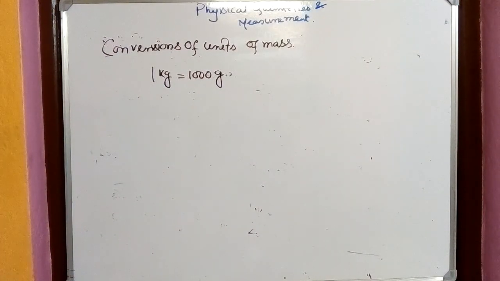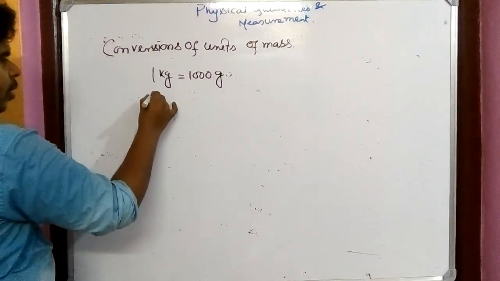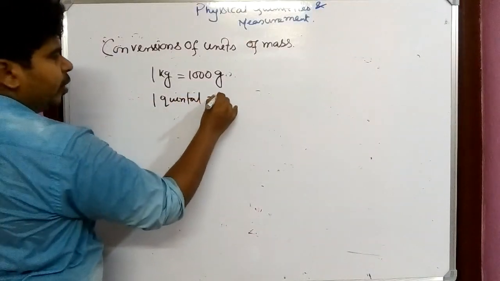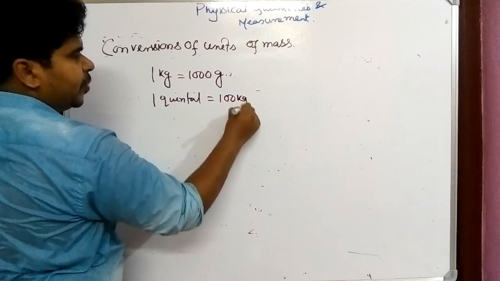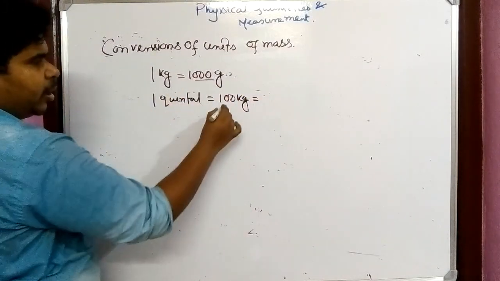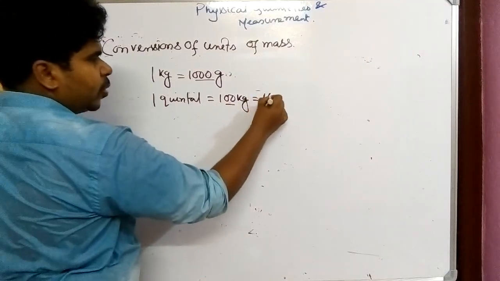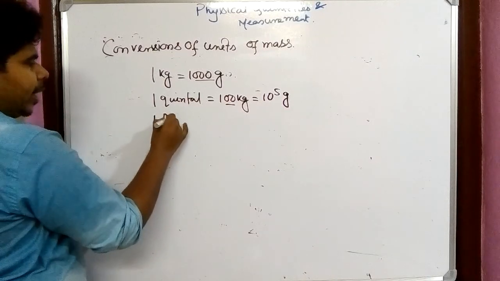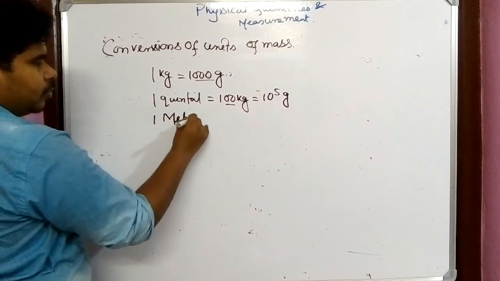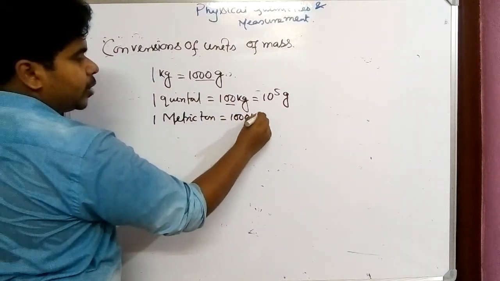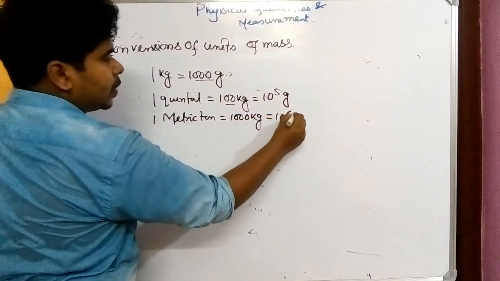But apart from that, many more units are there. 1 quintal equals 1000 kg, and if you convert it into gram, 3 zeros are already there, 2 zeros are added, so 10 to the power 5 gram. 1 metric ton equals 1000 kg, that is 10 to the power 6 gram.